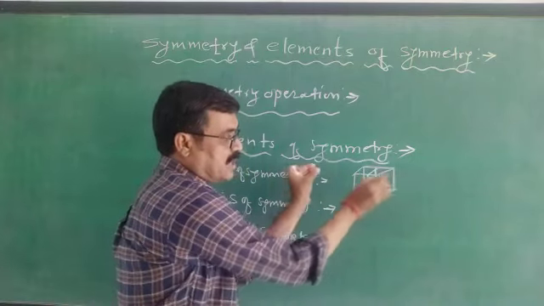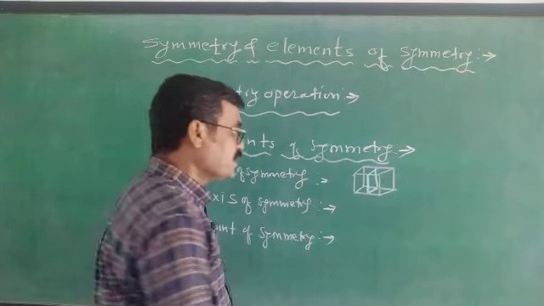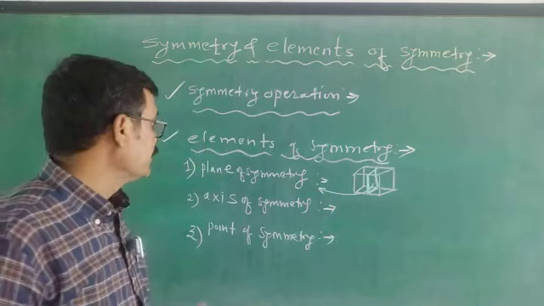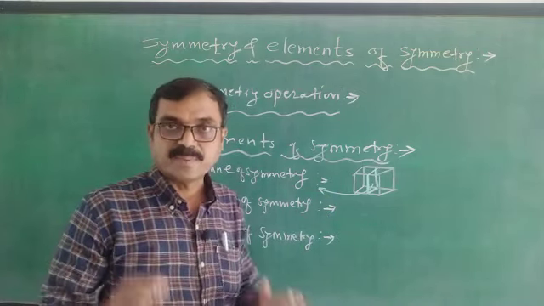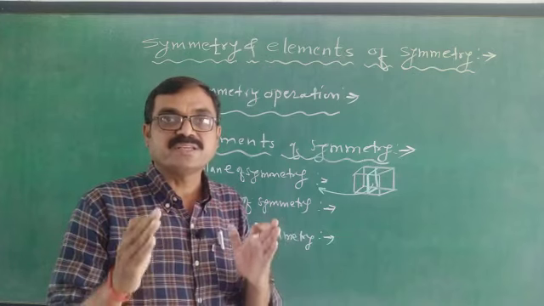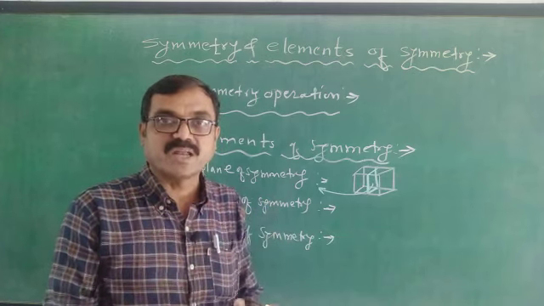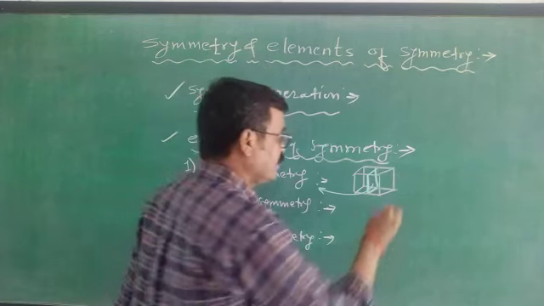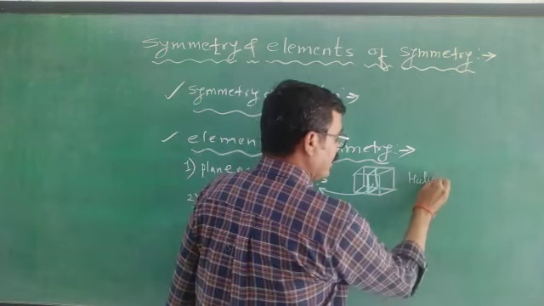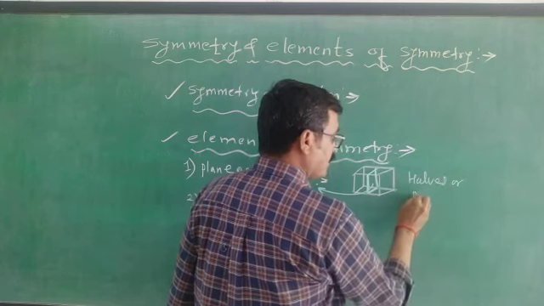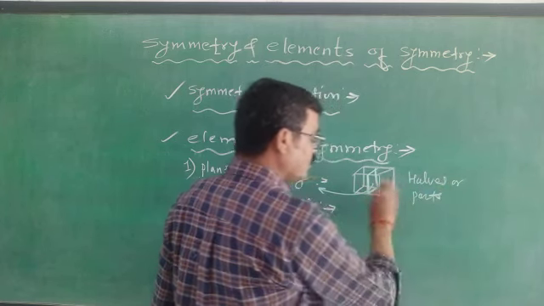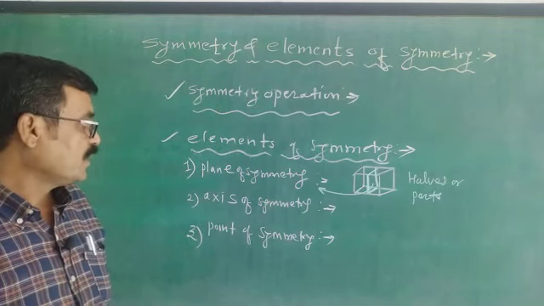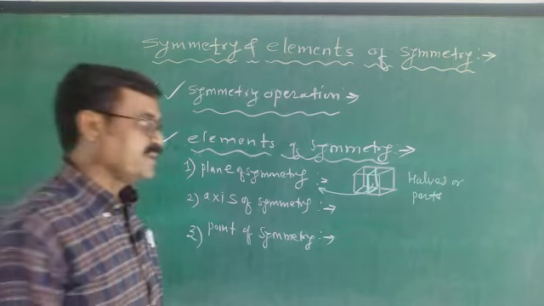Such an imaginary plane is called a plane of symmetry. What is the plane of symmetry? Plane of symmetry is an imaginary plane in the crystal which cuts or divides the crystal into two equal halves, or sometimes it is called two equal parts, and these two equal parts are mirror images of each other.